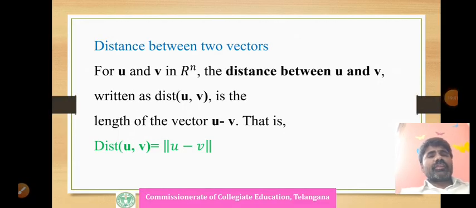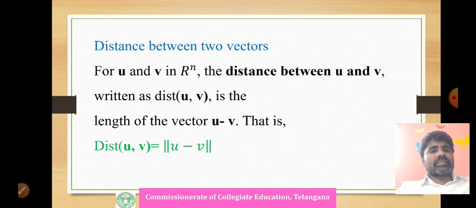Now we can define the distance between two vectors. Let us suppose u and v are any two vectors in R^n. Then the distance between u and v is written as dist of u comma v, and it is the length of the vector u minus v.